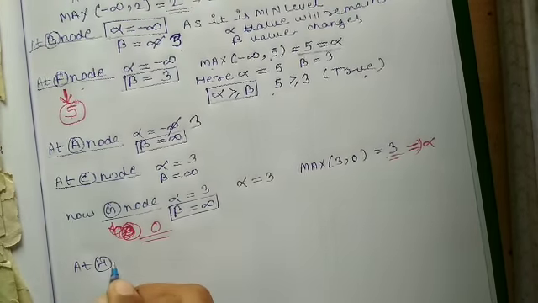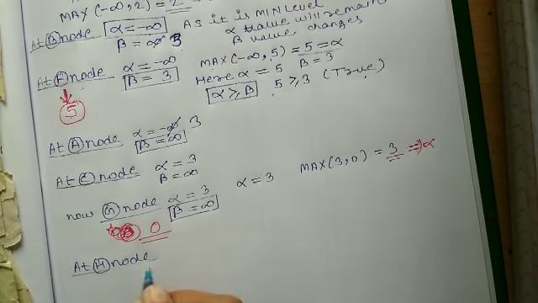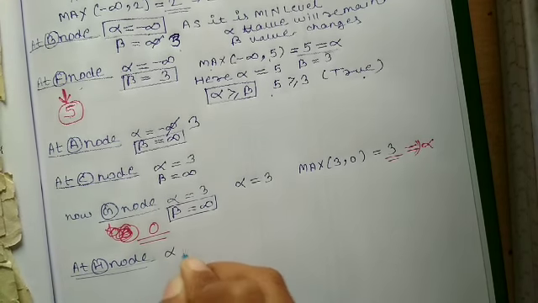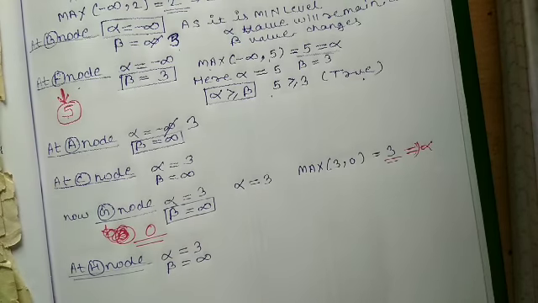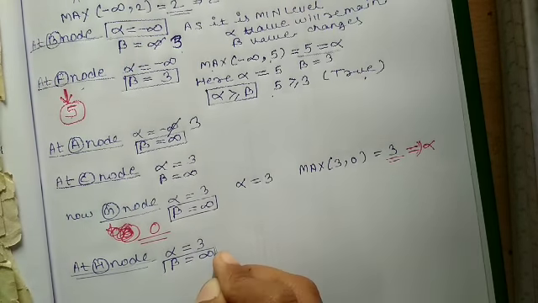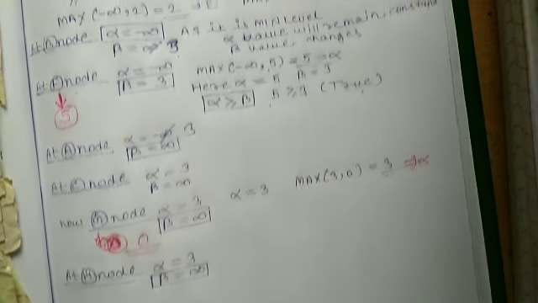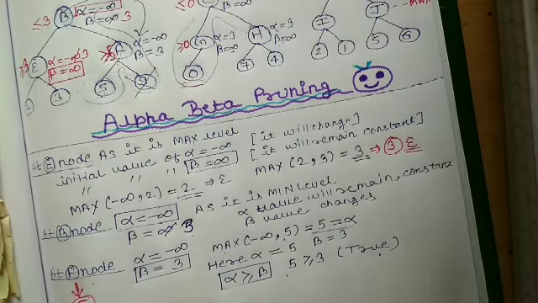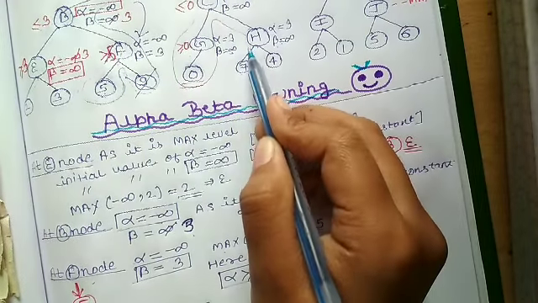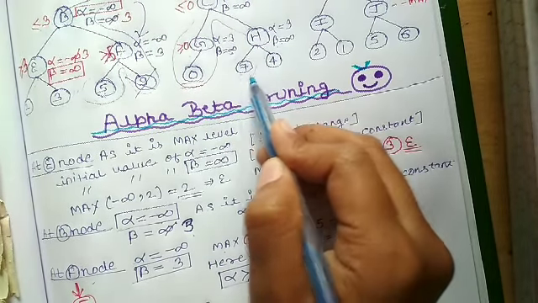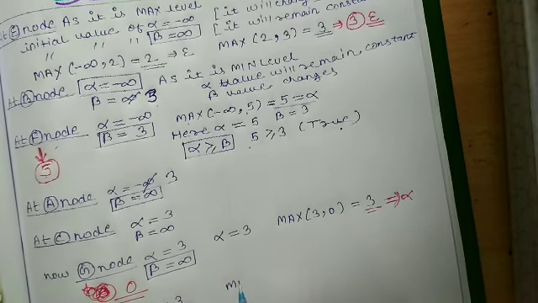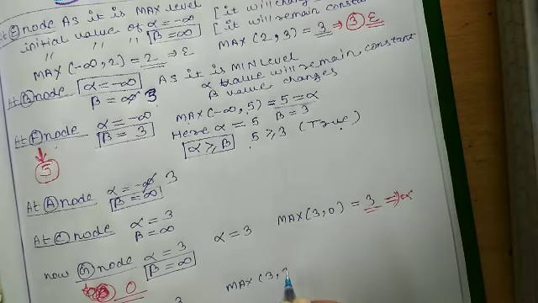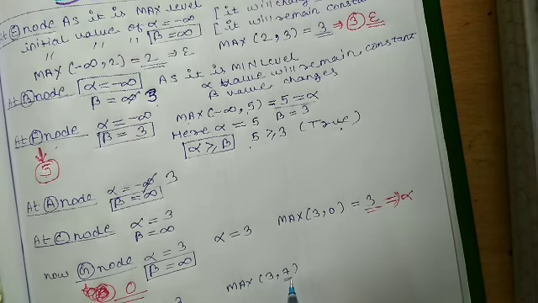At H node, there are two children further. Alpha is equal to 3, beta is equal to infinity, and it is a maximum level, so beta value will remain constant. At H node, we would explore its first child first, maximum of 3, 7, which is the value of its first child.